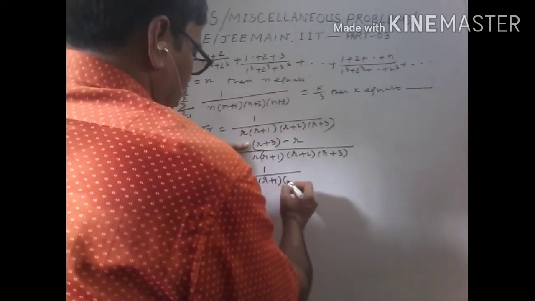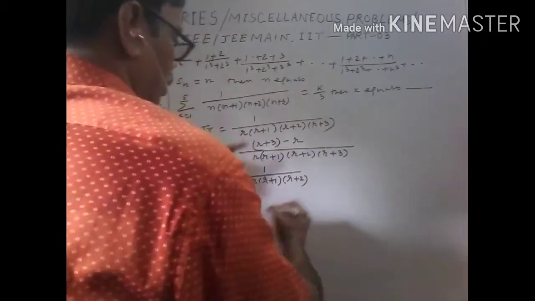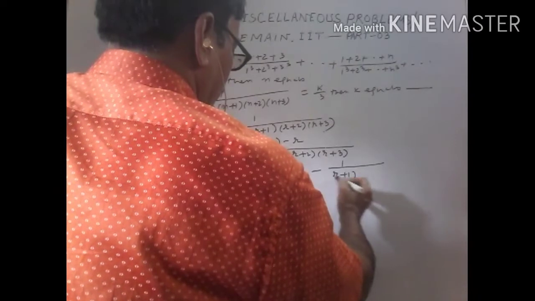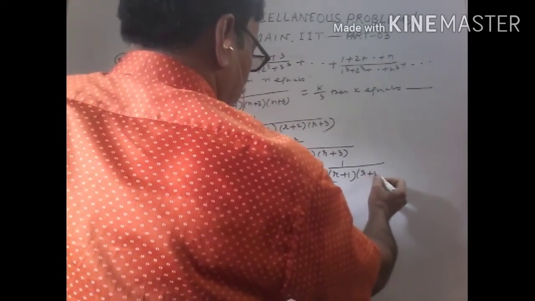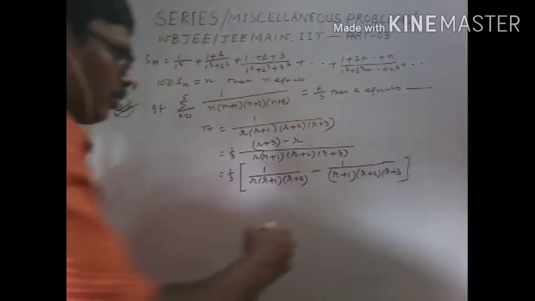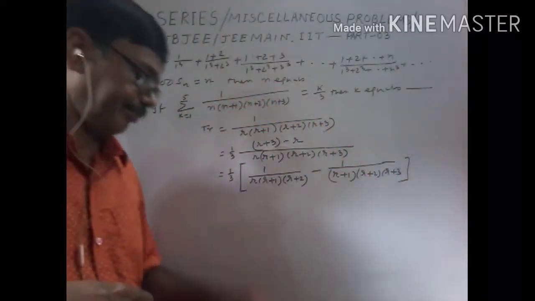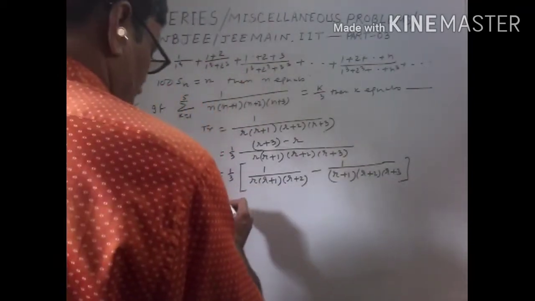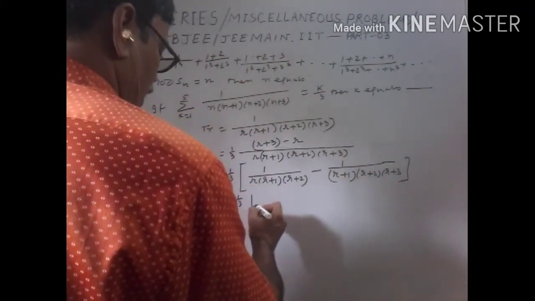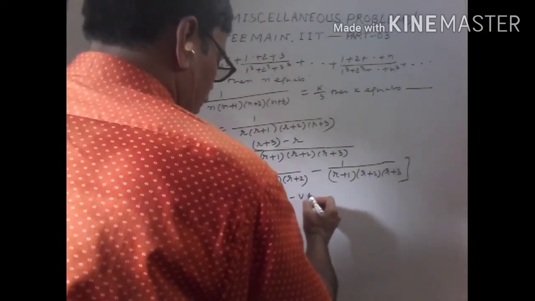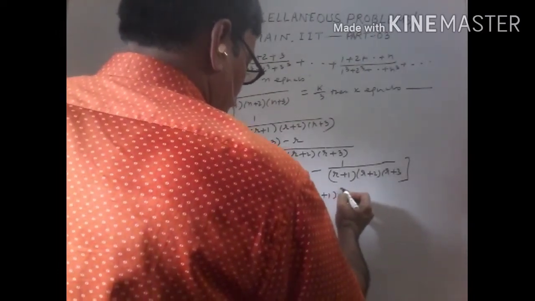R plus 1, R plus 2, and this one R cancels, R plus 1, R plus 2, R plus 3. So this can be expressed as, if we take this as VR, then this will be VR plus 1.